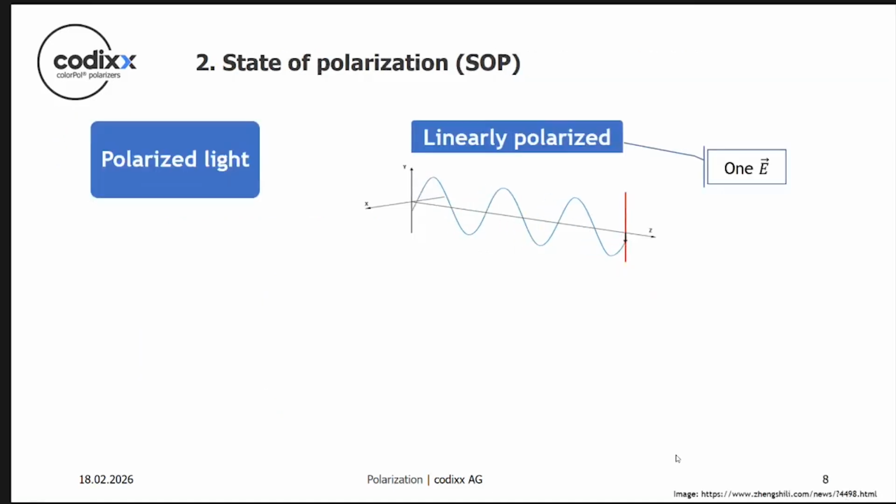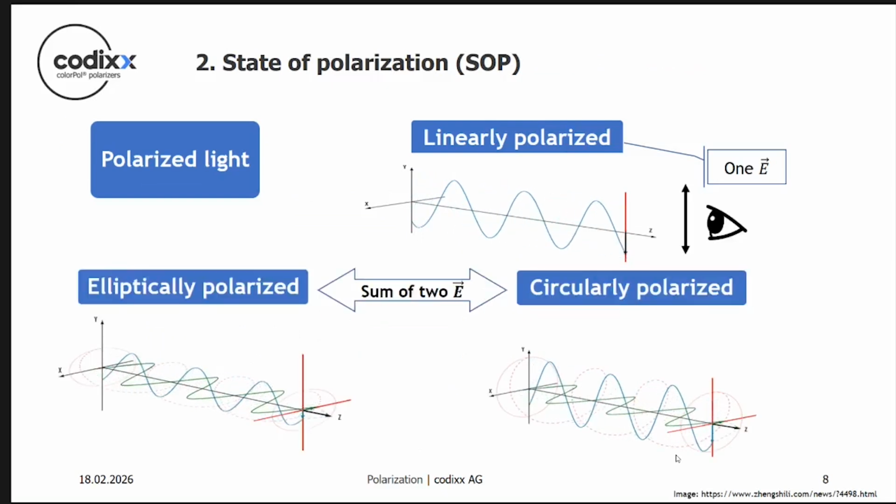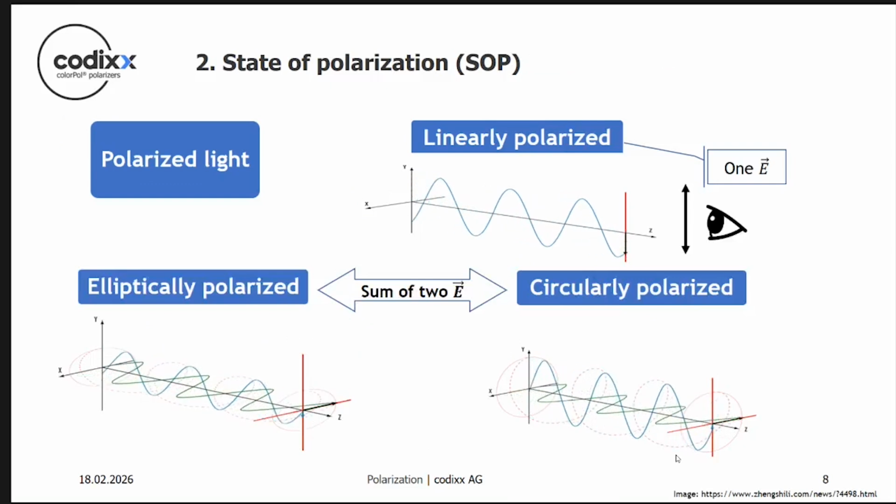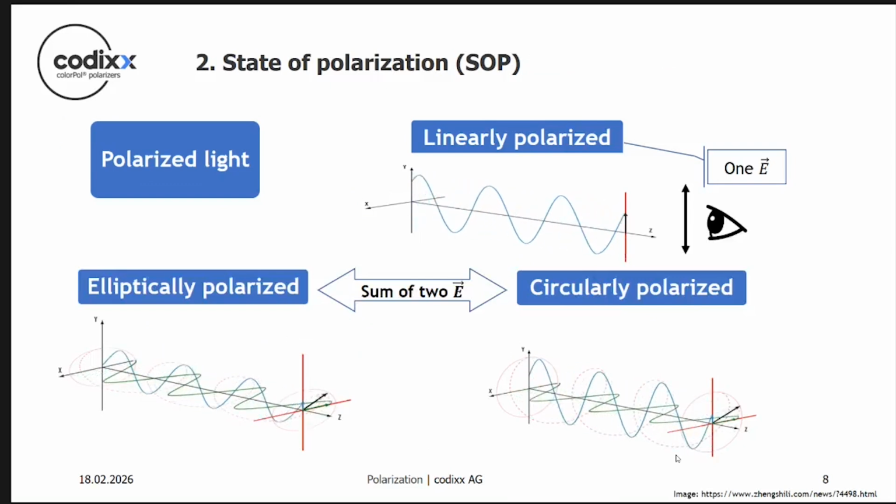For linearly polarized light, you can see here the electric field vector oscillating along the direction of propagation, and it oscillates in just one plane. Elliptically polarized light is actually the most general state.